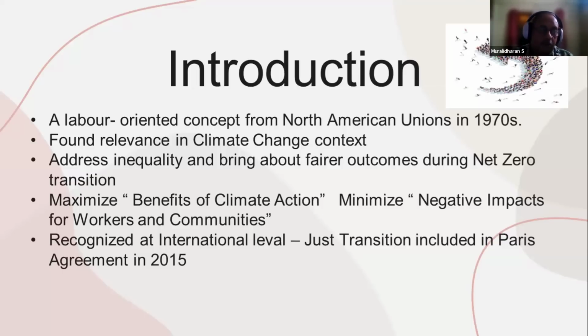And in the year 2000, this caught attention, and it has also been taken into the climate change topic which we are discussing: addressing inequality and bringing about fairer outcomes during the transition.